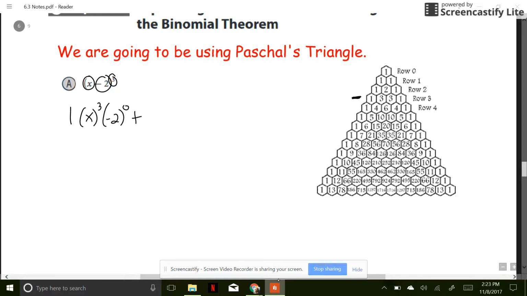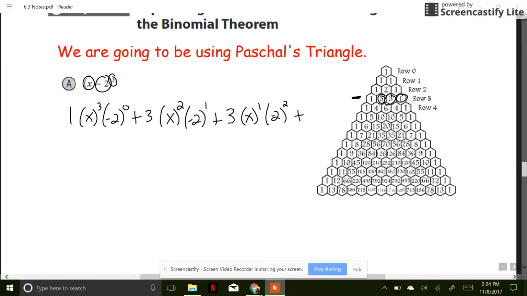Now our next coefficient is going to be the next node, so that would be 3. We'll take our first term x, we decrease the power by 1, so it should be x squared, and we increase the power on the second term by 1. We look at the next coefficient, it's 3 again. We take the first term, we decrease the exponent by 1, we increase the second term by 1 to get that squared.